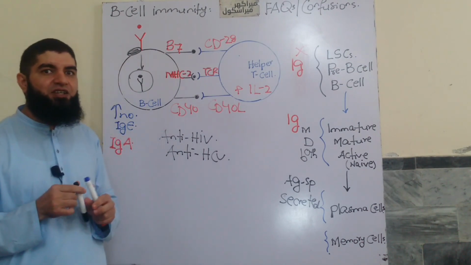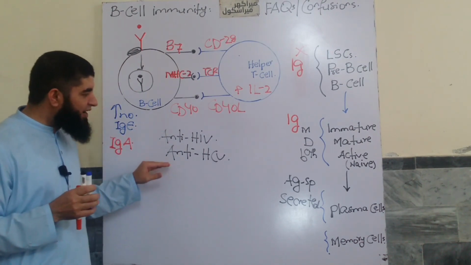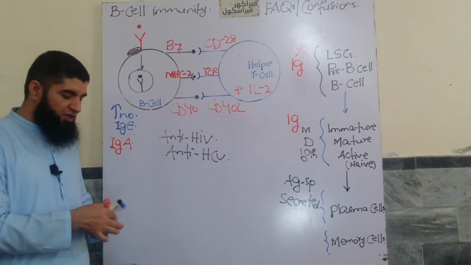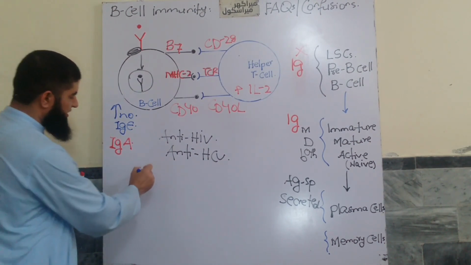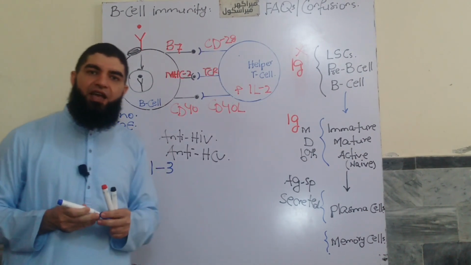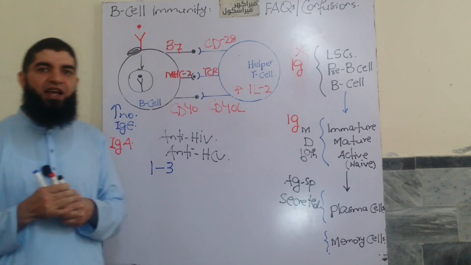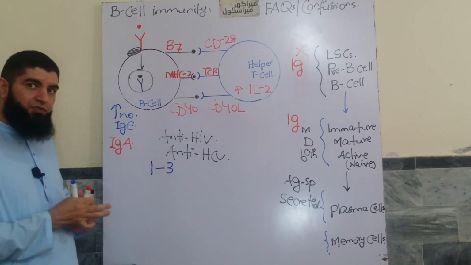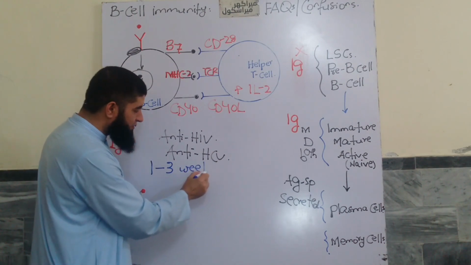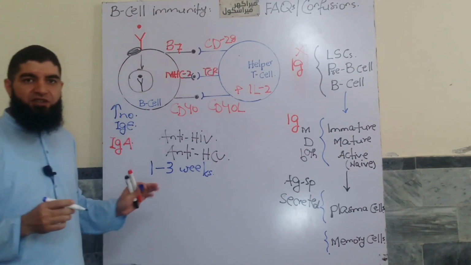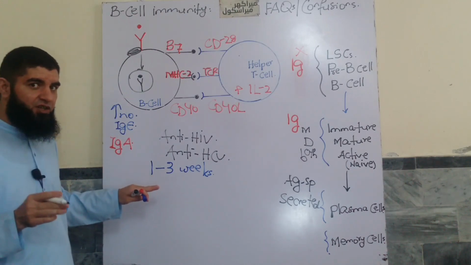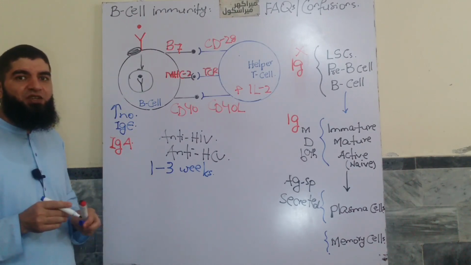Still later, it requires quite some time for antibody formation. In general, it usually takes 1 to 3 weeks on average for the B lymphocytes to be activated enough to cause antibody formation. Now, this is just a rough estimate. This duration varies from case to case, but in general, it usually takes 1 to 3 weeks.